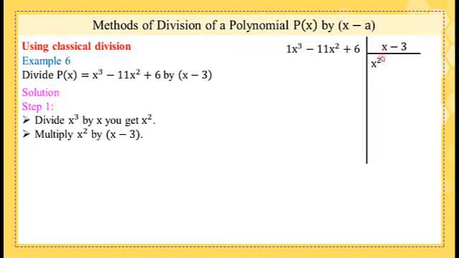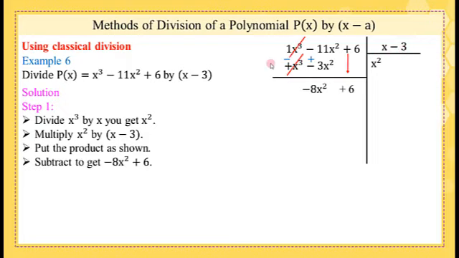Then multiply x squared by x minus 3 and put the answer under 1x cubed minus 11x squared plus 6. X squared times x equal x cubed. X squared times minus 3 equal minus 3x squared. Then subtract 1x cubed minus 11x squared plus 6 and x cubed minus 3x squared.